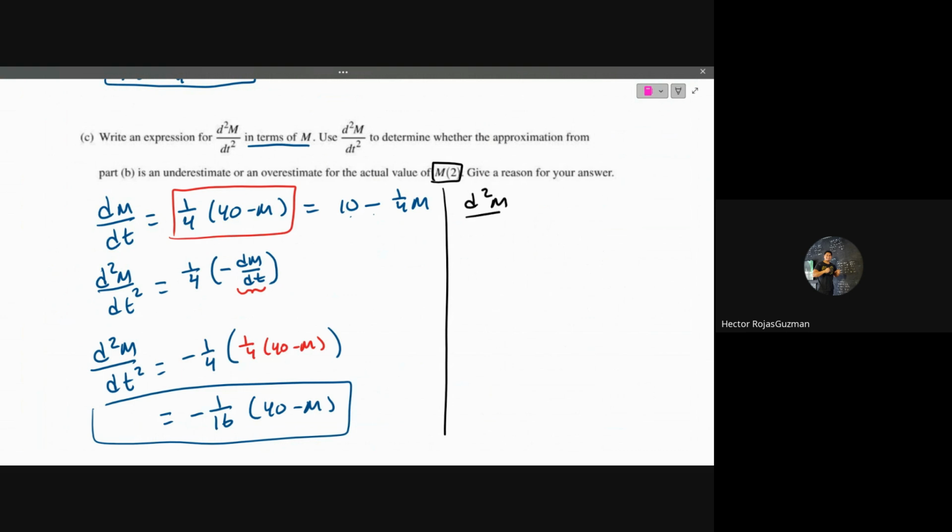The second derivative of m is negative 1 over 16 times 40 minus 2, which is negative 1 over 16 times 38, which is negative 19 over 8. But the important thing is that it's negative.